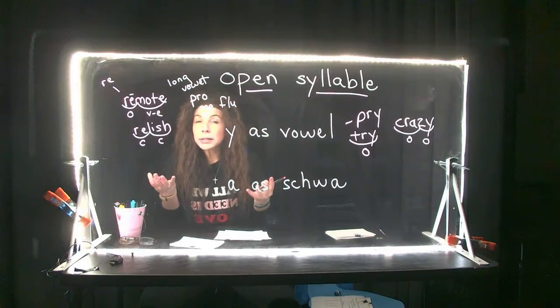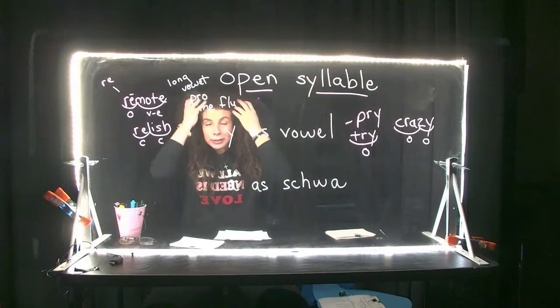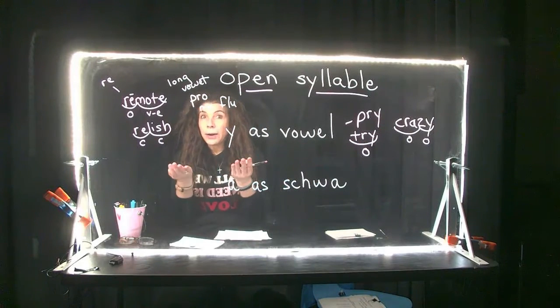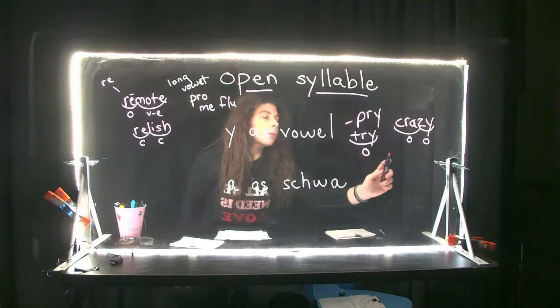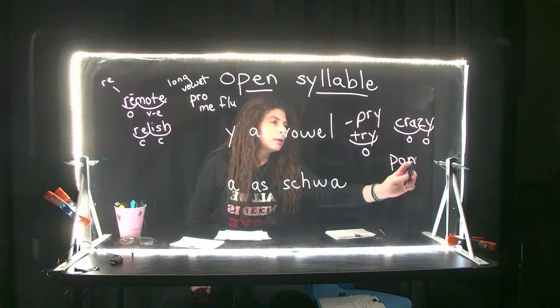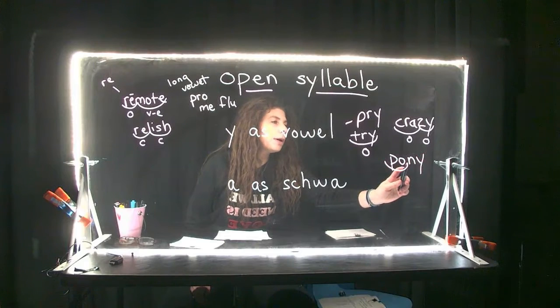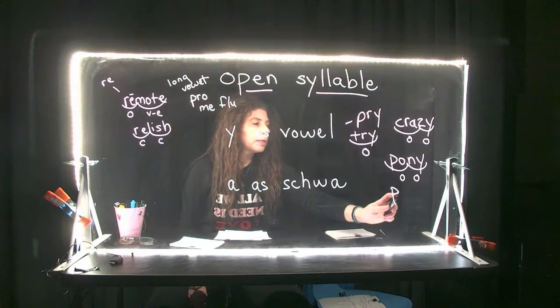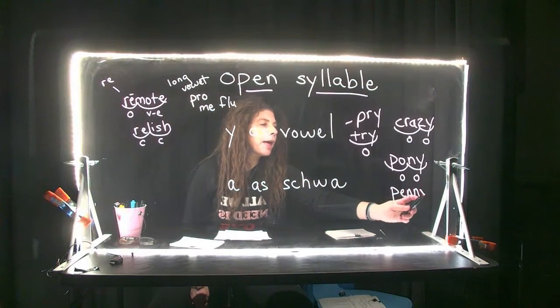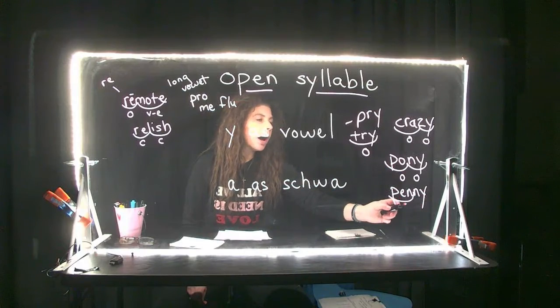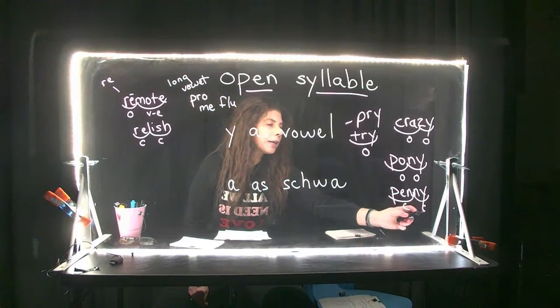We also talked about how you have to be careful, because sometimes when you figure out if you double a consonant in the middle of the word, how do you know when to do that? Remember, we talked about the difference between pony, two open syllables, long vowel sound, and penny, right? In this case, there's two N's. Why? Because the first syllable has to close in.